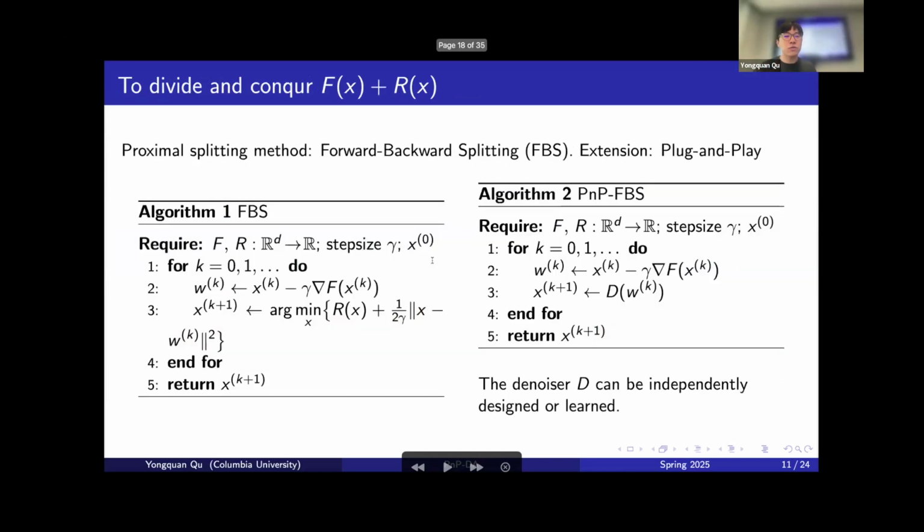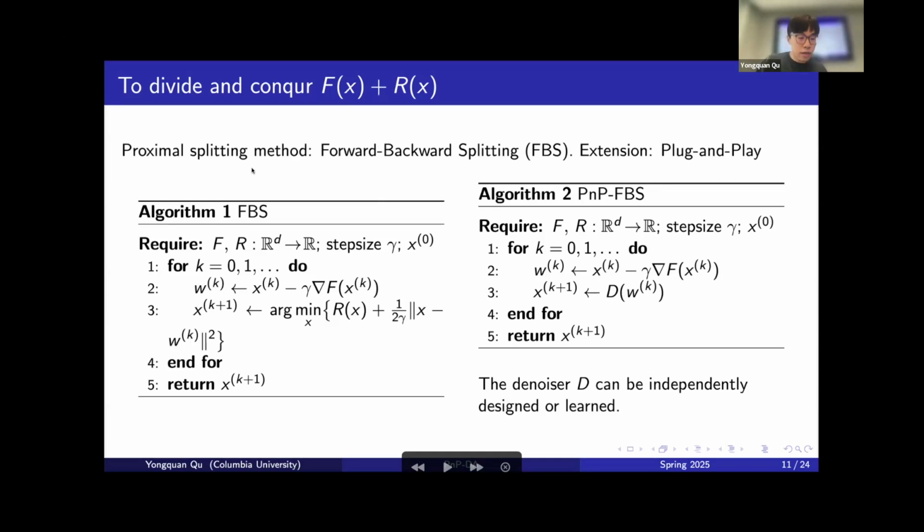So what we're going to do is divide and conquer the two terms, F and R. In optimization, there is a set of established algorithms called proximal splitting methods, which basically split every iteration into at least two steps. You use the first step to deal with F, and the second step to deal with R. A very simple example is called forward-backward splitting.